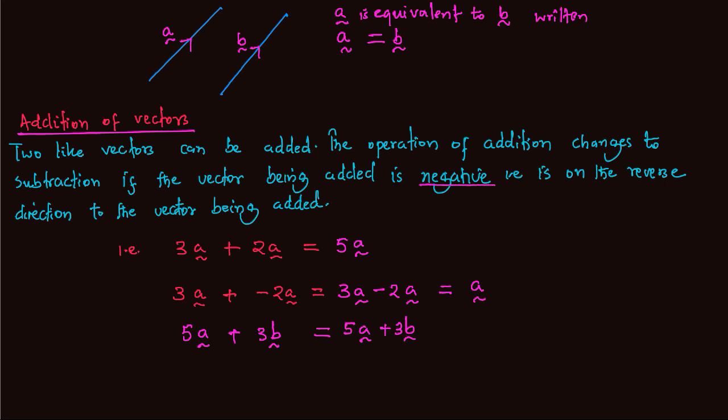If both vectors are negative, for example, negative 4b plus negative 3b, we get negative 4b minus 3b. That gives us negative 7b.